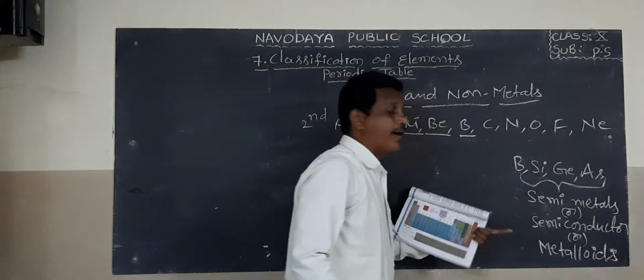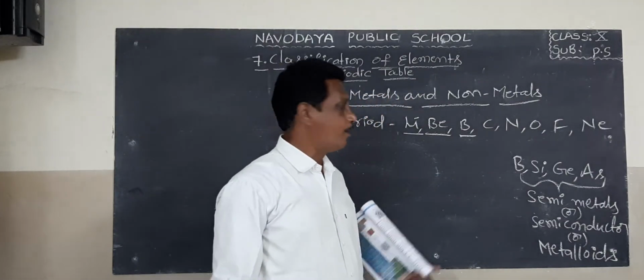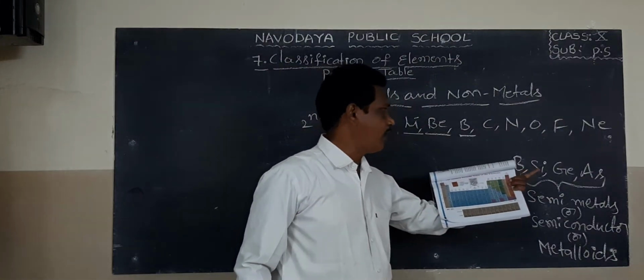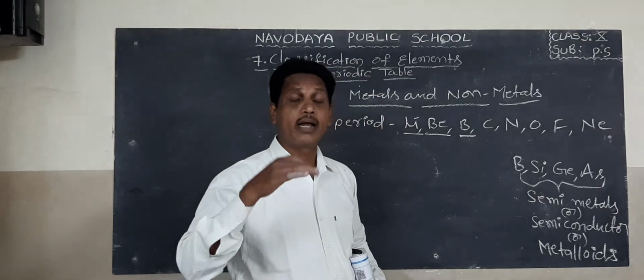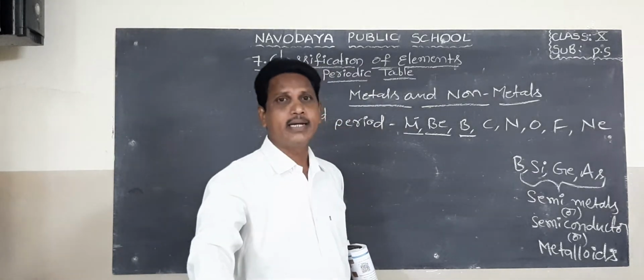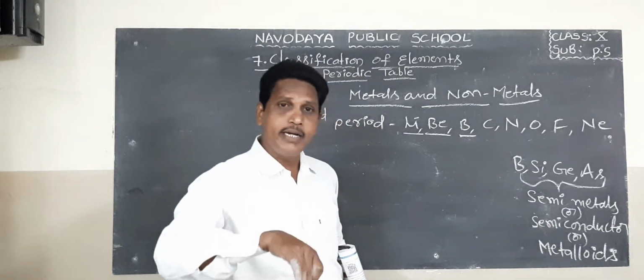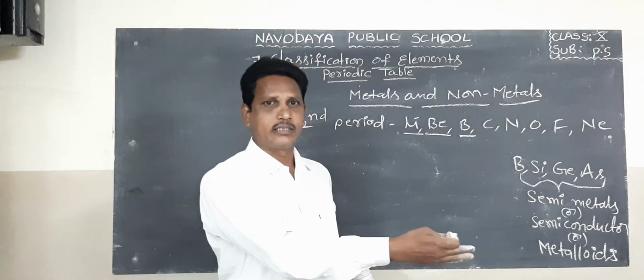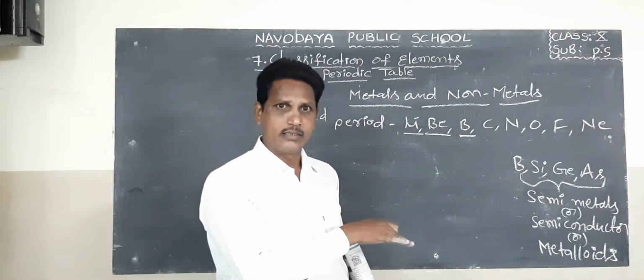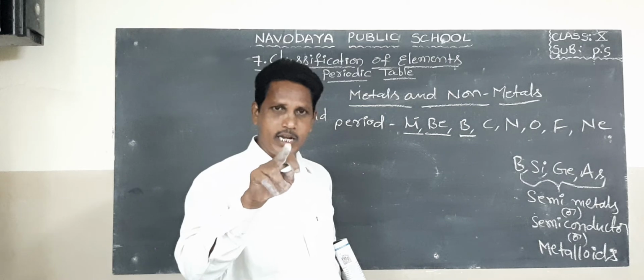So boron, silicon, germanium, arsenic are called semi-metals, intermediate between metals and non-metals.